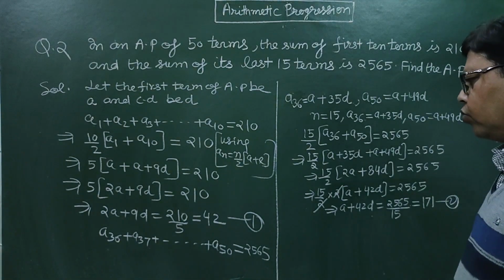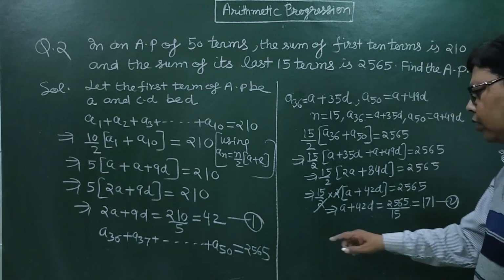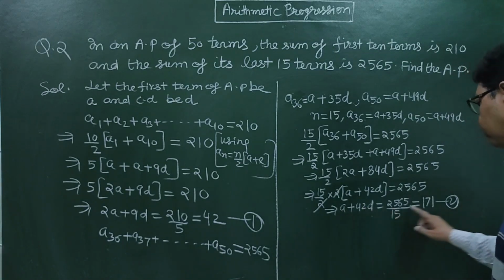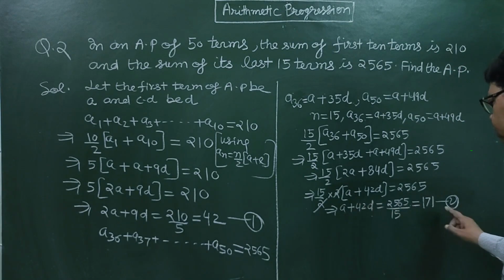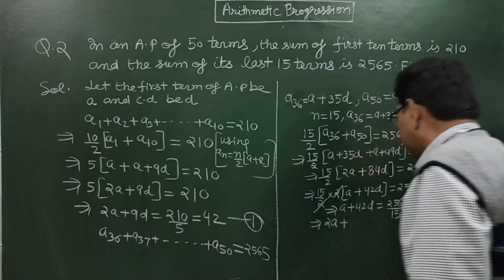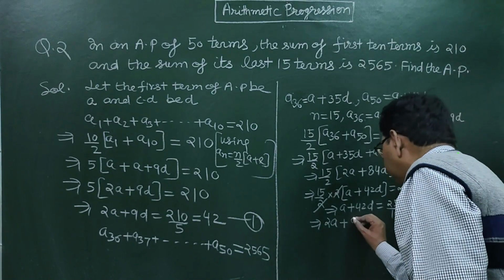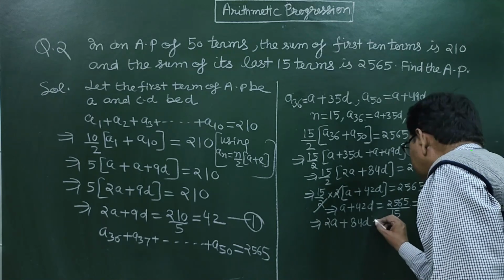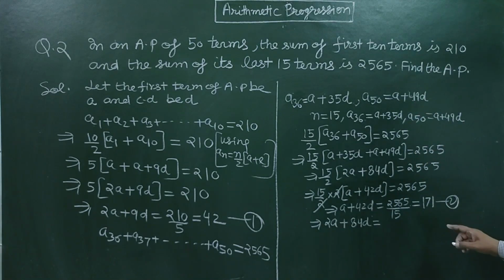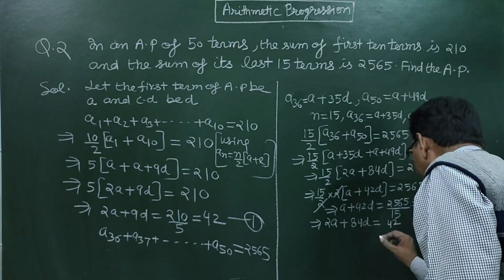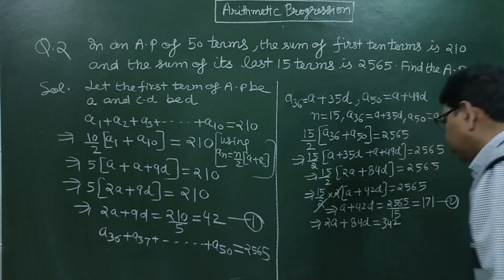Now we want to solve these two equations. Here we have the coefficient of A as 2 and here the coefficient of A is 1. So multiplying this equation by 2, we get 2A plus 84D is equal to 171 into 2, that is 342.